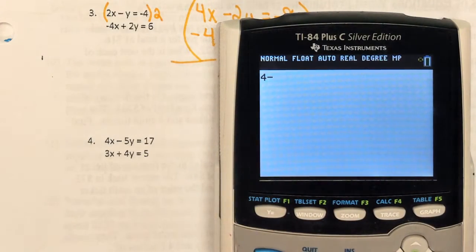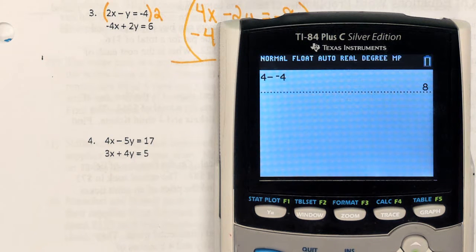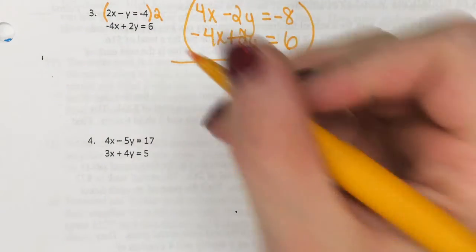So 4 minus negative 4 is 0? Because that tells me you didn't use your calculator. What makes them go away? Plus. All you have to do is use your calculator, guys. Don't guess. All right, so we're going to add.